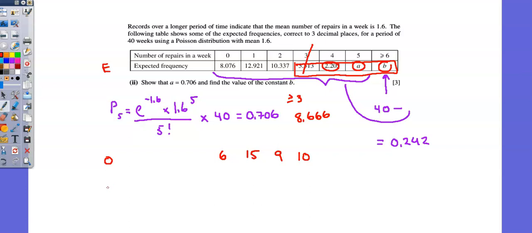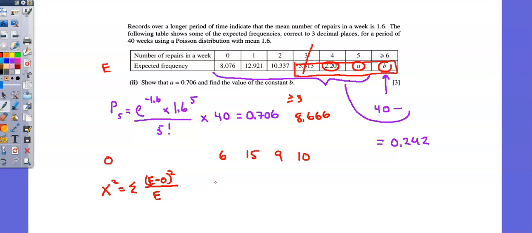Next I want my chi-squared statistic. This is going to be the sum of all expected minus observed quantity squared over expected. I'll talk through the first calculation and then write the others out. In the first calculation, looking at the number of repairs of 0, expectation is 8.076, observed is 6.